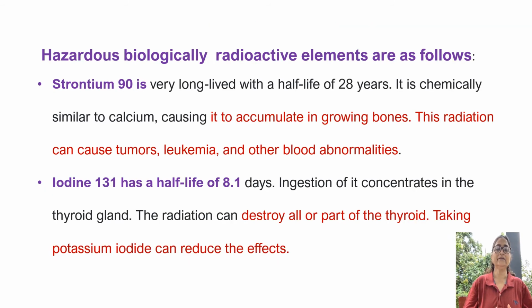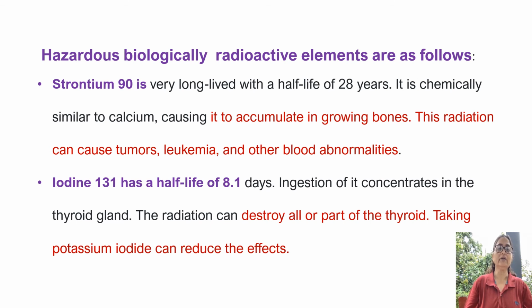Now, what are the chemicals which are harmful for humanity and for our environment? Among these radioactive elements, the first one is strontium-90. It is very long lived with a half-life of 28 years, and it is chemically similar to calcium. It usually accumulates in our bones, and it causes tumors, leukemia, and other blood abnormalities.